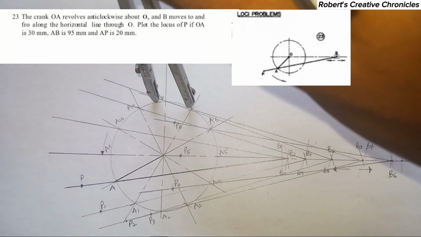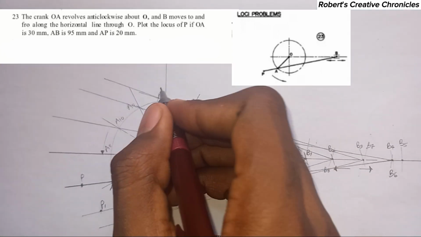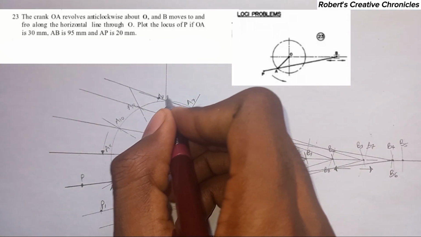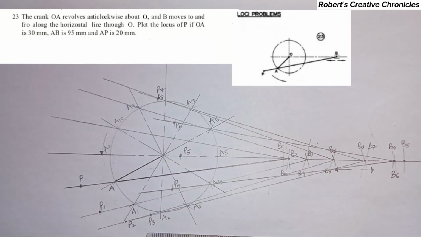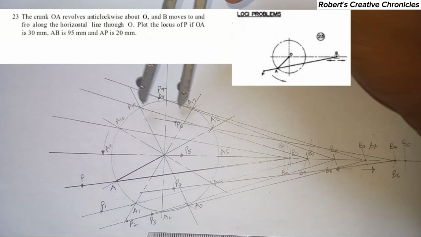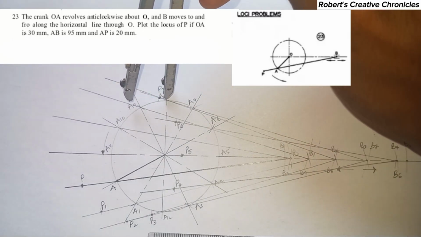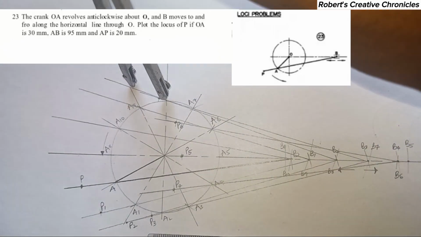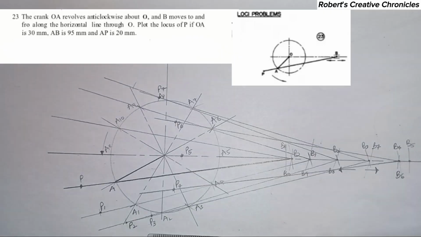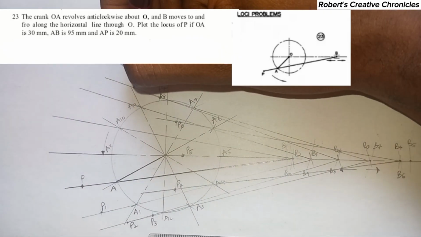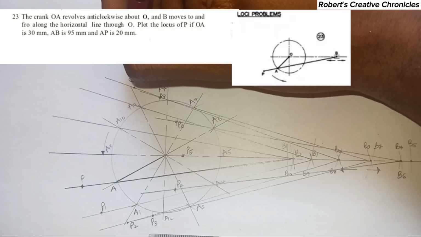This is B7. Then P8 from here. This is P8.